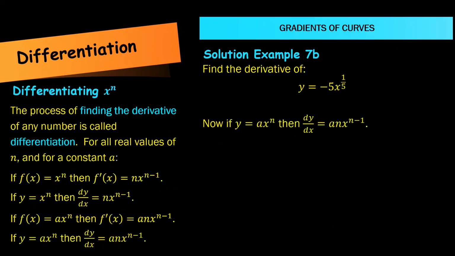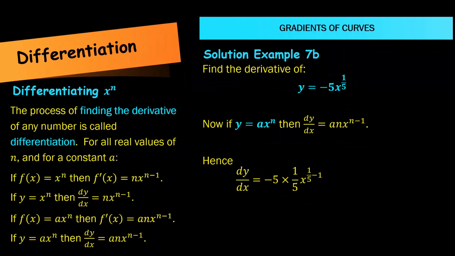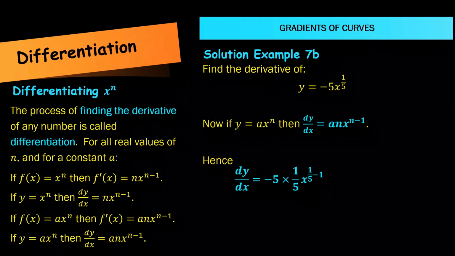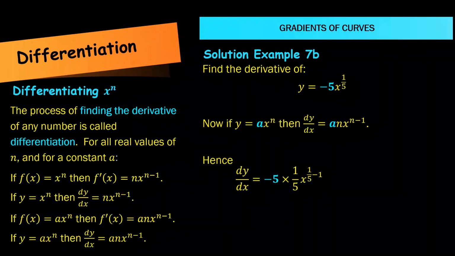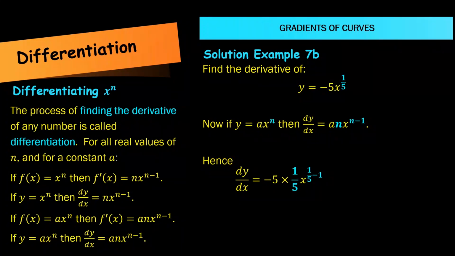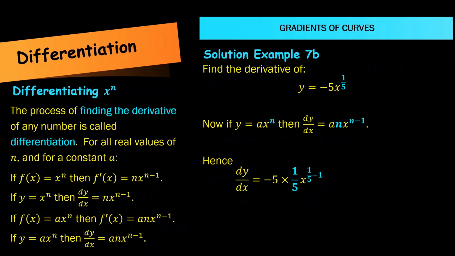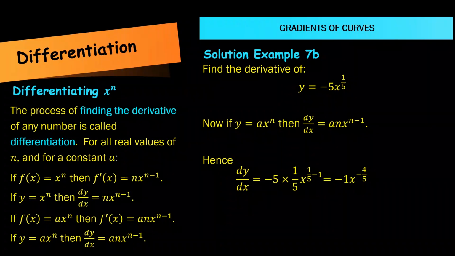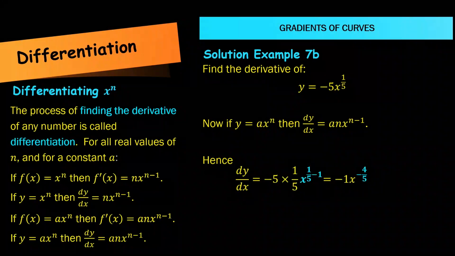So if we plug in a equals -5 and n equals 1/5, we obtain dy dx equals -5 times a fifth times x to the power a fifth minus 1, which tidies up to give -1 times x to the power -4/5.